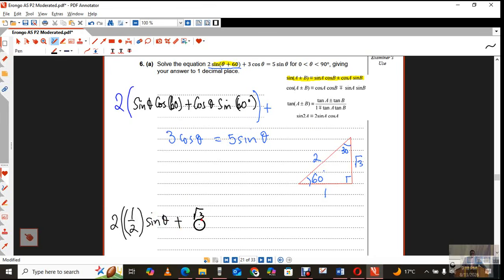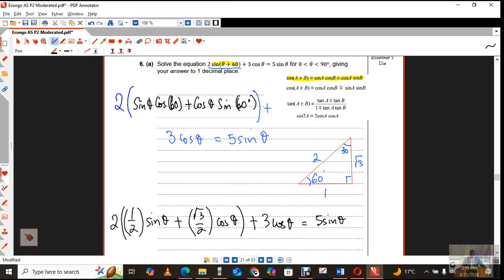So that's root 3 over 2, that is sine of 60, times cos theta. Okay. And then I have plus 3 cos theta. Now, this is important. This is just going to be theta. And this is equal to 5 sine theta.